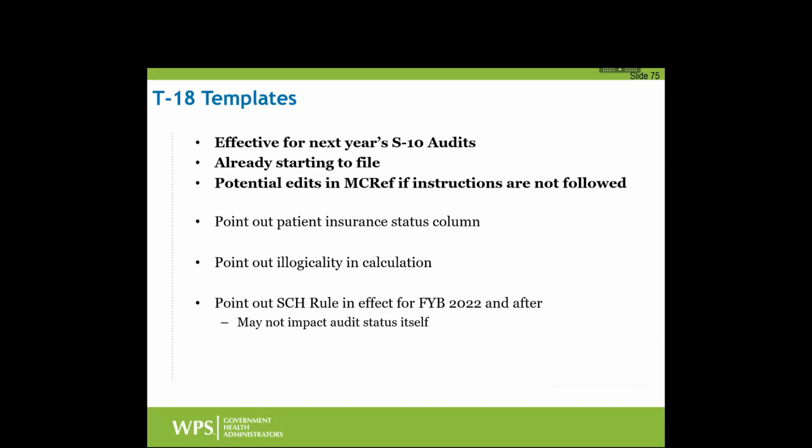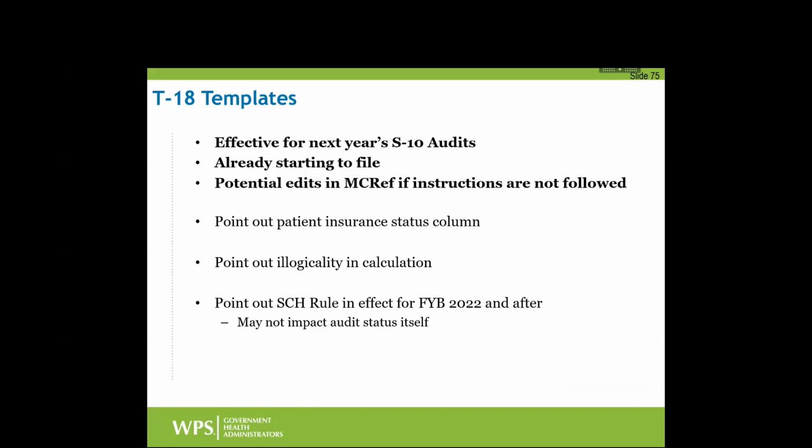Now we're down to about 7 minutes, and I wanted to spend some time talking about the actual new templates that apply to next year, but you're already starting to file these with your cost report whatsoever for charity care or for bad debt, whatever, or DSH, and you have it on your cost report.